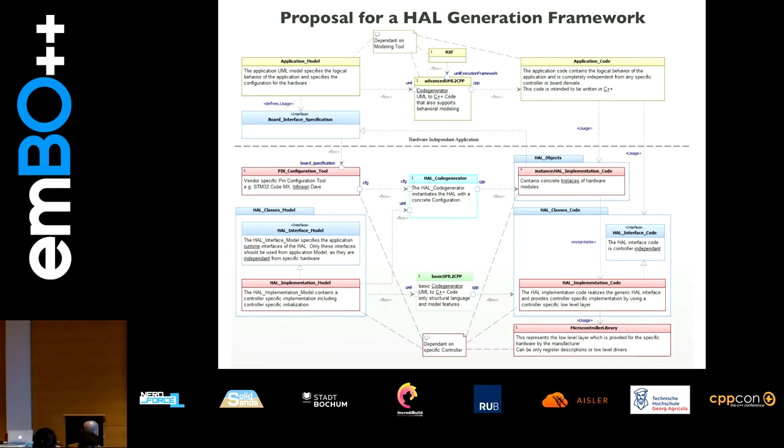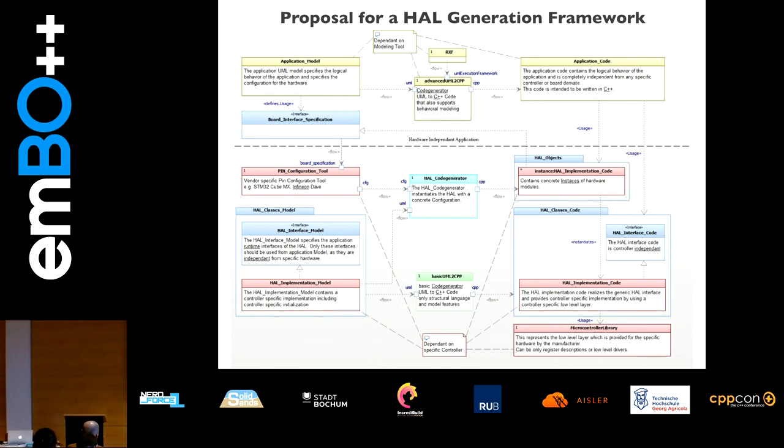But in my opinion, that will not be the HAL objects themselves, because when the objects are generated somewhere, they are global, and as we saw, global is not good to be optimized away. So actually, I think this should be the init structs that are generated by the pin config tool.